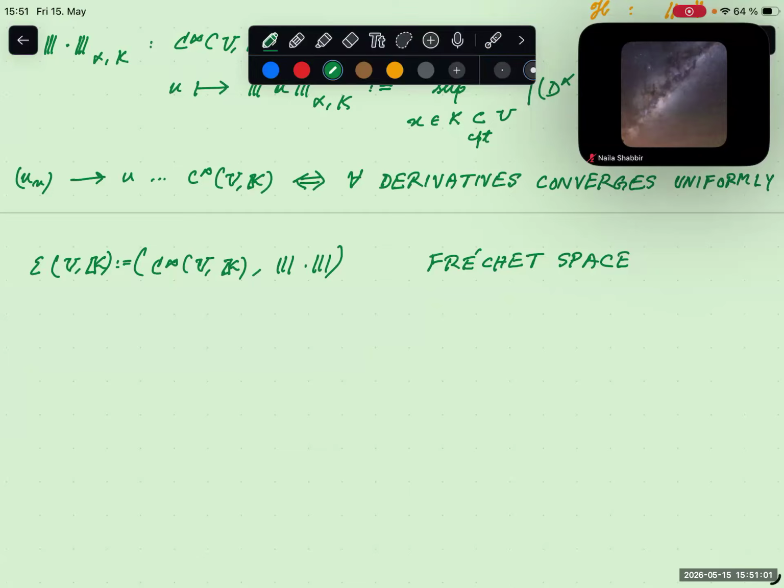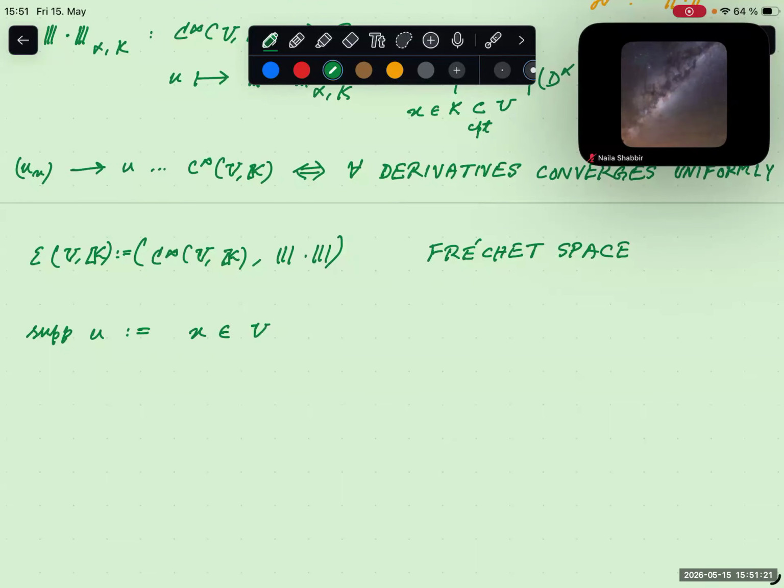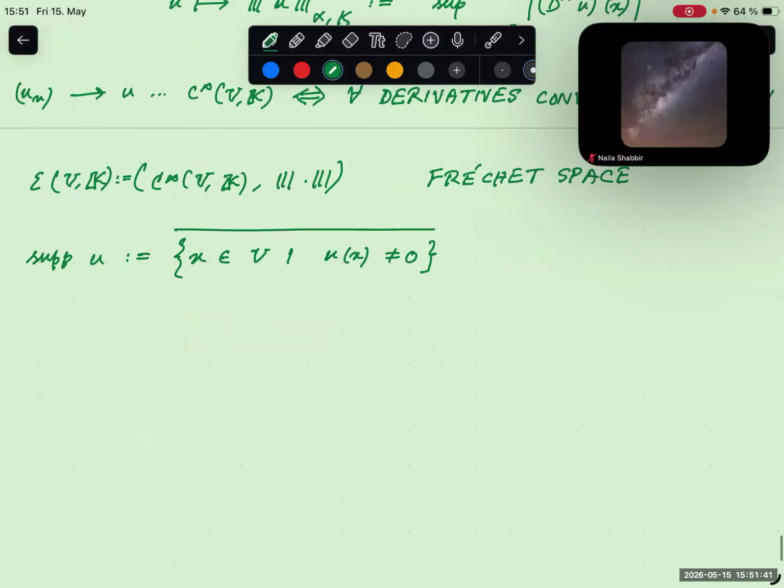Okay. Now let me introduce the notion of support of a function, which is the set of elements in U such that u of x is non-zero. So in other words, you take all non-zero points, and then you take closure. Okay, that's the support.